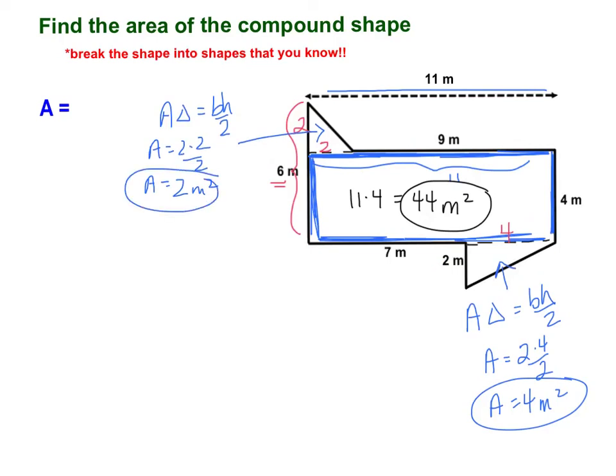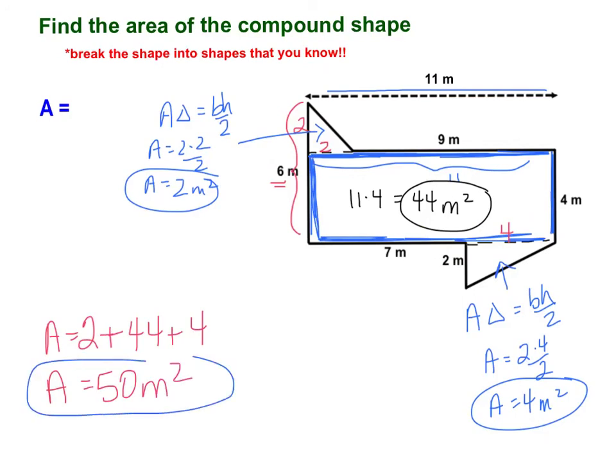Now, to find the area of the whole compound shape, let's add the small triangle, which is 2, plus this very large rectangle, which is 44, and then this little bit bigger triangle, plus 4. So that area is equal to 50 meters squared. Hopefully, these two examples help you find areas of compound shapes that actually incorporate rectangles and triangles.